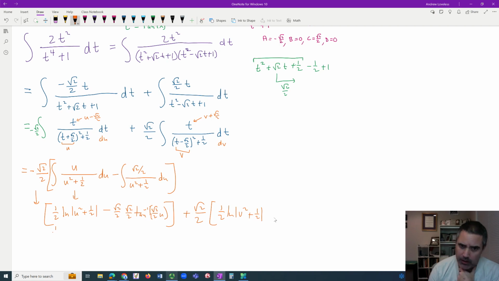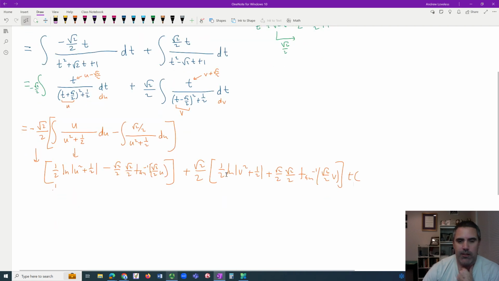And then we'll have this time plus the square root of 2 over 2, arctangent, square root of 2 over 2v, plus c. So then you'd have to track your way back through everything.